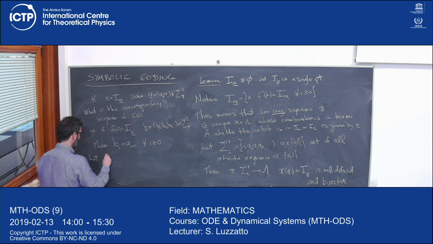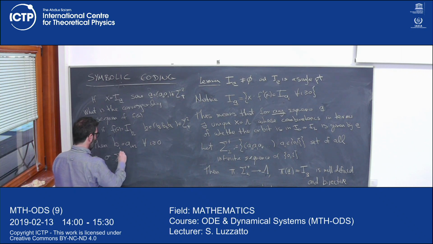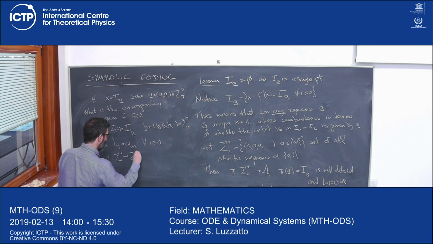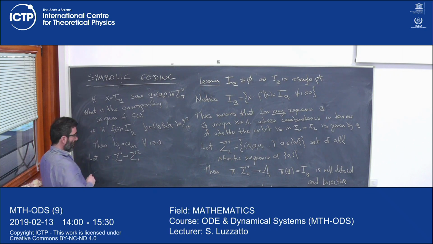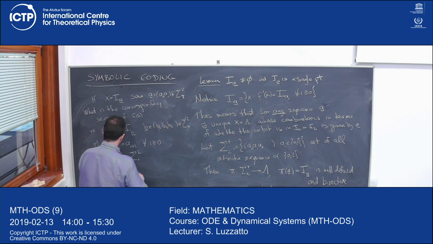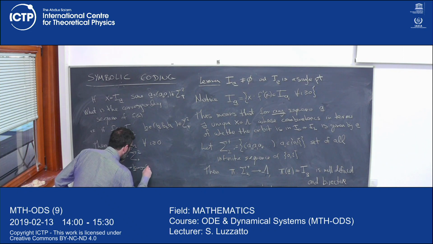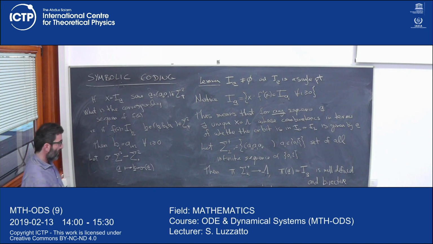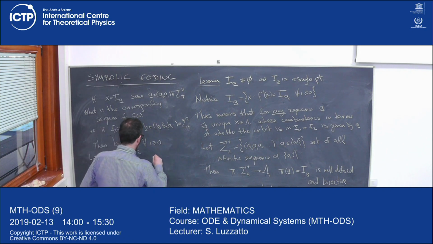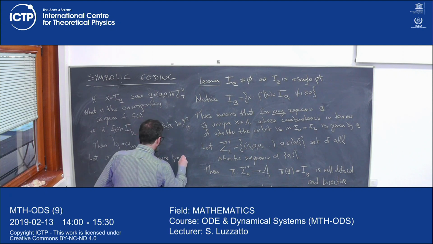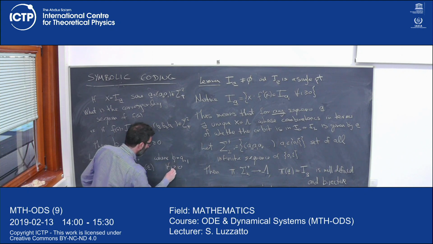Let sigma from sigma 2 plus to sigma 2 plus be defined by A bar goes to B bar, which is sigma of A bar, where exactly this condition holds: Bi is equal to A i plus 1 for all i greater than or equal to 0.